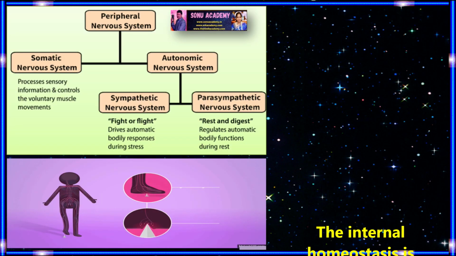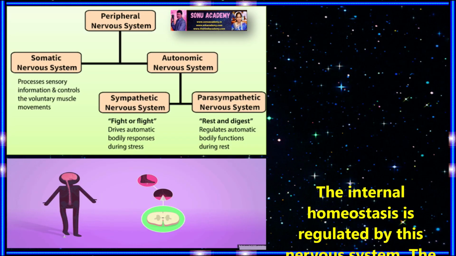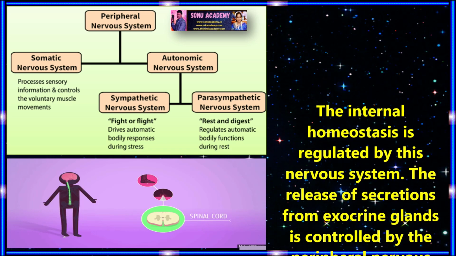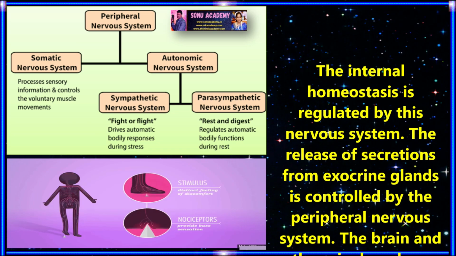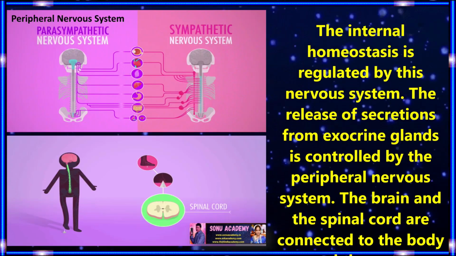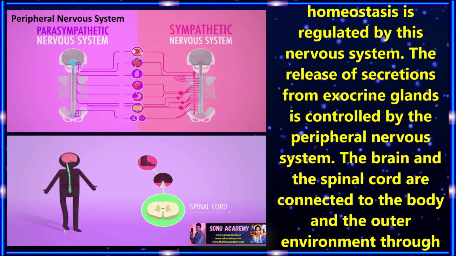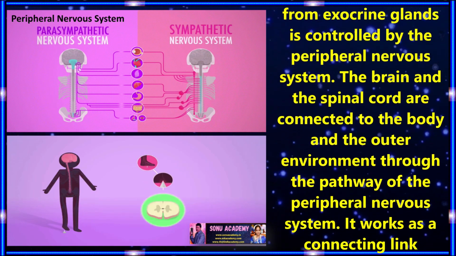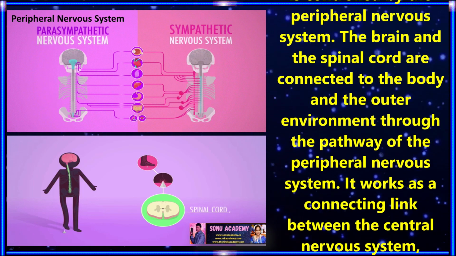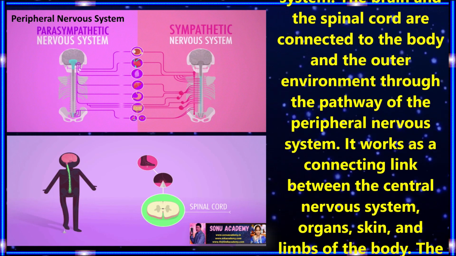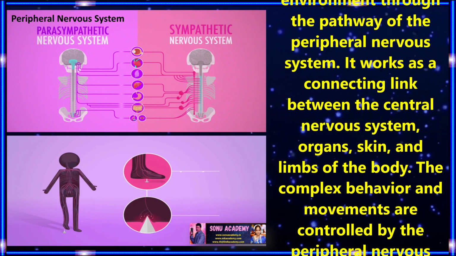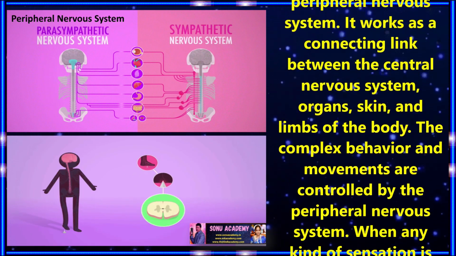Children, now let us discuss the role of the peripheral nerve system in the human body. The internal homeostasis is regulated by this nerve system. The release of secretions from exocrine glands is controlled by the peripheral nerve system. The brain and the spinal cord are connected to the body and the outer environment by the pathways of the peripheral nerve system. It works as a connecting link between the central nerve system, organs, skin, and limbs of the body.